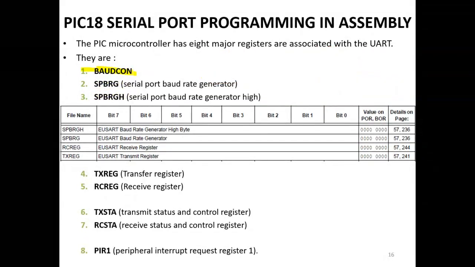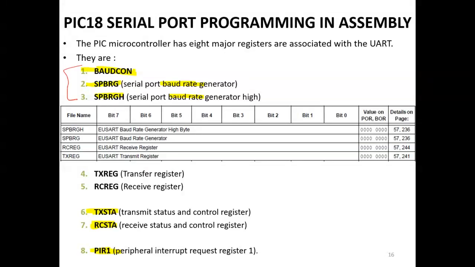Okay, now here we need the BAUDCON to select between 8-bit mode and 16-bit mode. These two registers are used for the baud rate. Then for the status, we have two status registers, one for the transmission and one for the reception. And for the interrupt, we have the flags. These two registers are used to send and to receive.